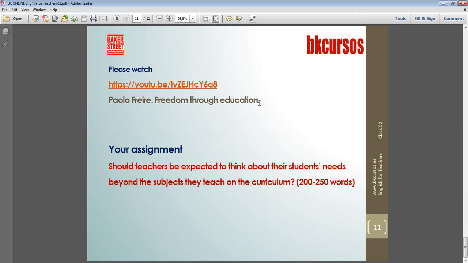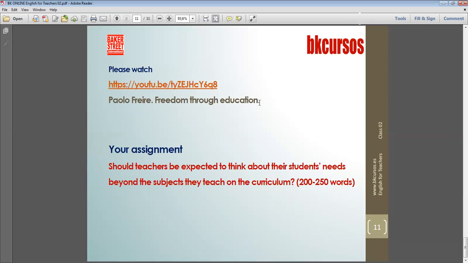And your assignment. Remember the assignment, your written assignment, what I'm looking for, your ideas are fantastic. This is good. But what I really want to see is good English. So you can structure this either as a debate. Should teachers be expected to think about their students' needs beyond the subject that they teach in the curriculum? You might want to do this as an introduction to some of the basic needs or some of the challenges which teachers have.